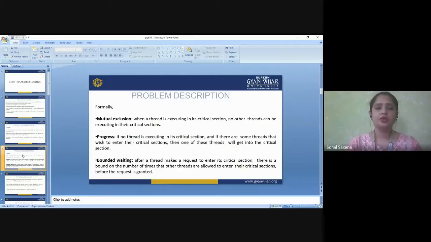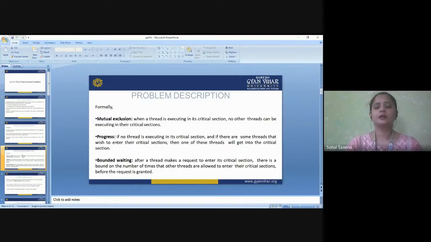Once a process is allotted the CPU and is executing, no other process should be allowed to execute inside it. This is called mutual exclusion. We need to exclude all other processes so that a single process runs inside the CPU.